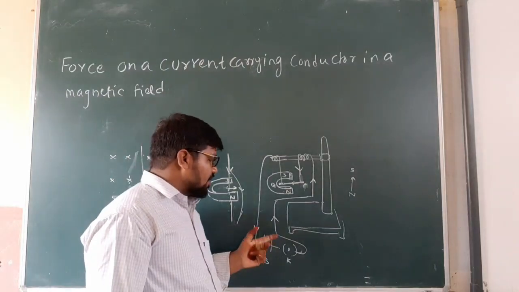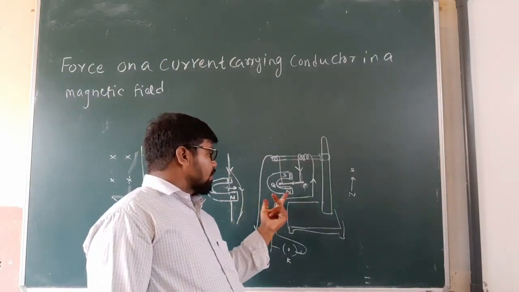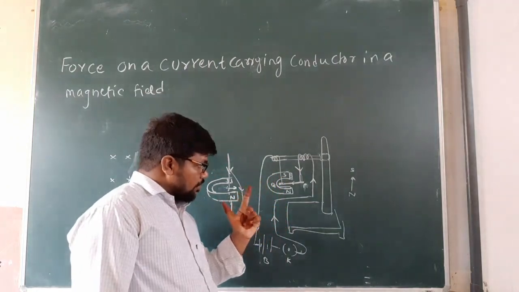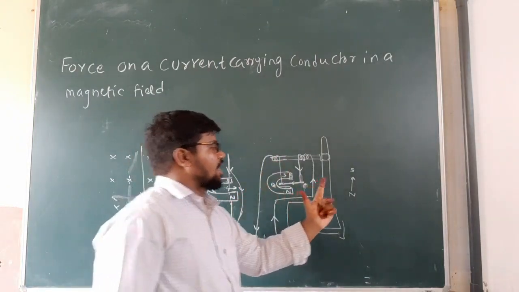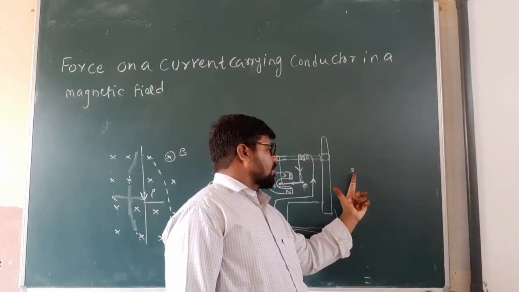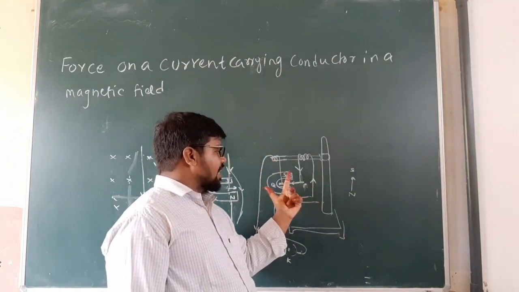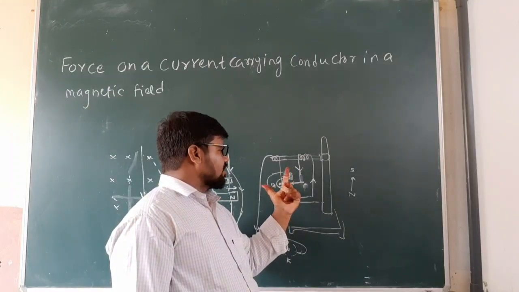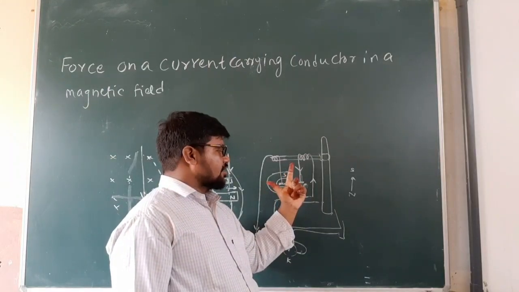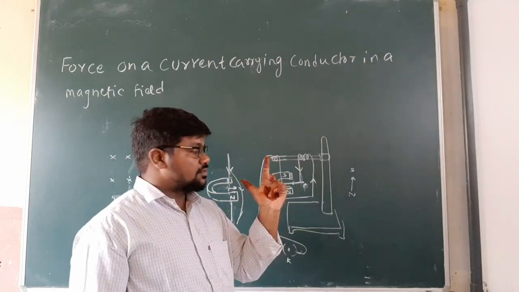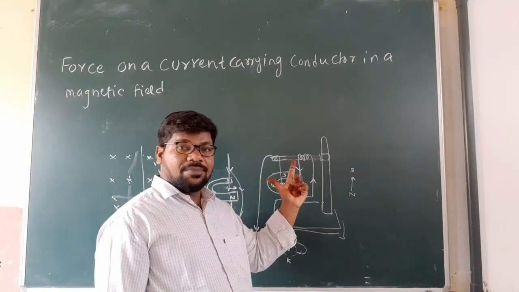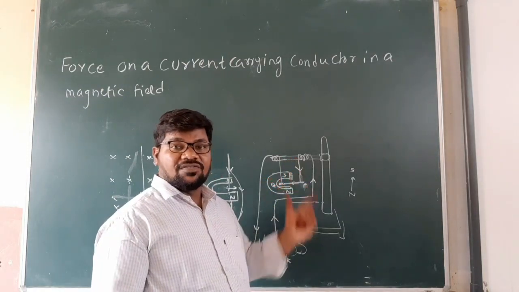Now see here my children, field lines north to south means bottom to up. Then the current direction is like this, from P to Q. Then what happened? The thumb indicates the leftward direction.